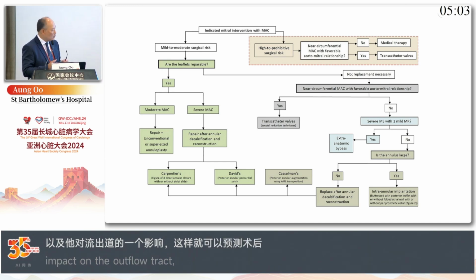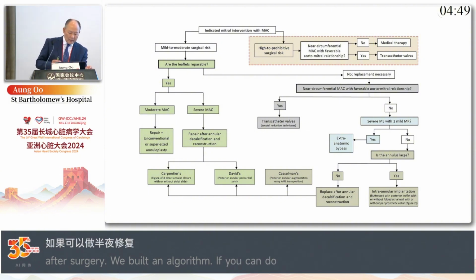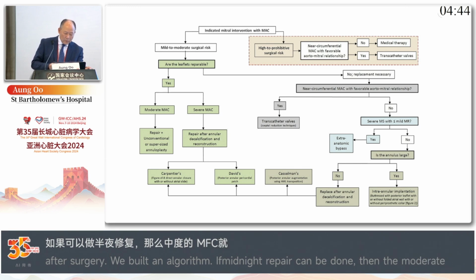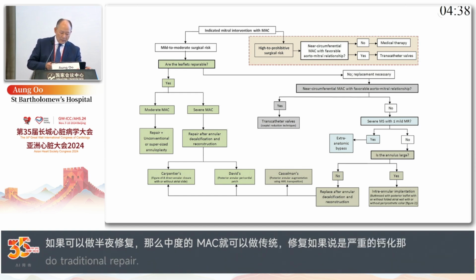So with the algorithm we came up with, if you have a mild to moderate surgical risk and leaflet repair is possible, with moderate MAC, go for conventional repair. If it's severe MAC, go for repair after annular decalcification and reconstruction, and you can use either technique.